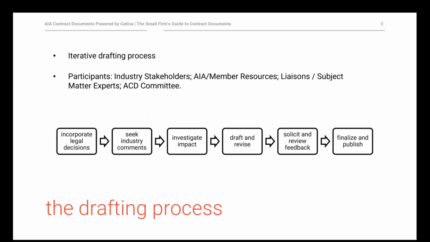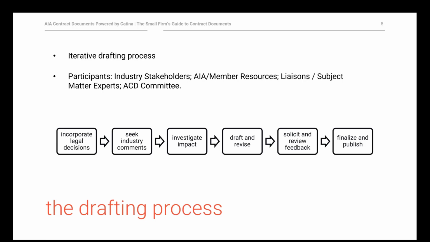So over the years, the development of these documents has been standardized in a fairly comprehensive and iterative drafting process. And it involves a number of participants. We involve industry stakeholders, we involve AIA member resources, we engage outside folks.